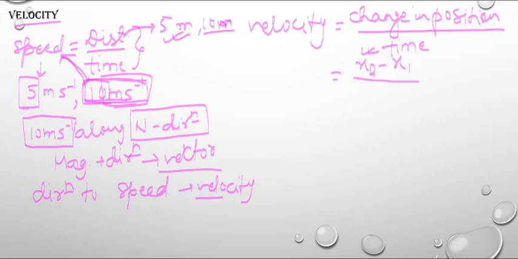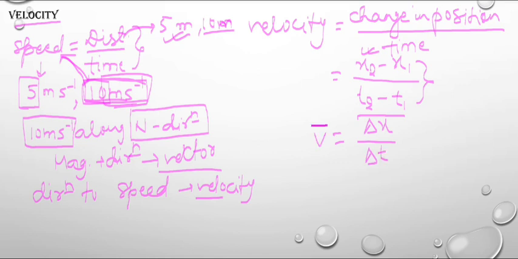And if the time initially was t1, and finally when the object went to x2, the time was t2, then the time taken for changing its position from x1 to x2 is t2 minus t1. So this is known as velocity. We can also write it as change in position, that is x2 minus x1, which is delta x, divided by t2 minus t1, which is delta t.